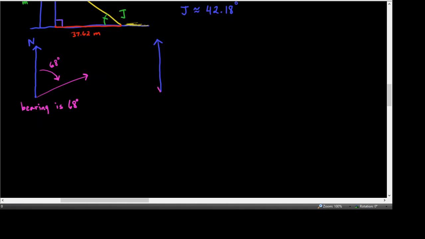So you might get to like right here and have this angle from due north that is perhaps, I don't know, just make up something, 350 degrees or something, right? And again, that's always measuring from due north. So this would be a bearing of 350 degrees.